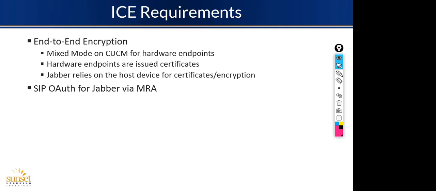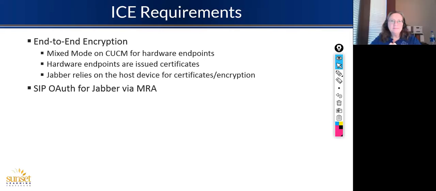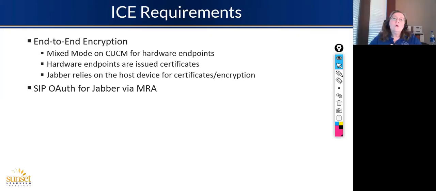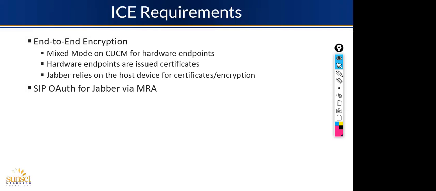Yeah, because we just went through a major thing that Ravina and I worked on together. With the MRA devices for iOS, they were always getting prompted for certificates, so Jabber wasn't even ringing. That ended up being exactly what you say. It's the OAuth, because our Unity was 11.5 SU3, and OAuth is not supported until SU8.